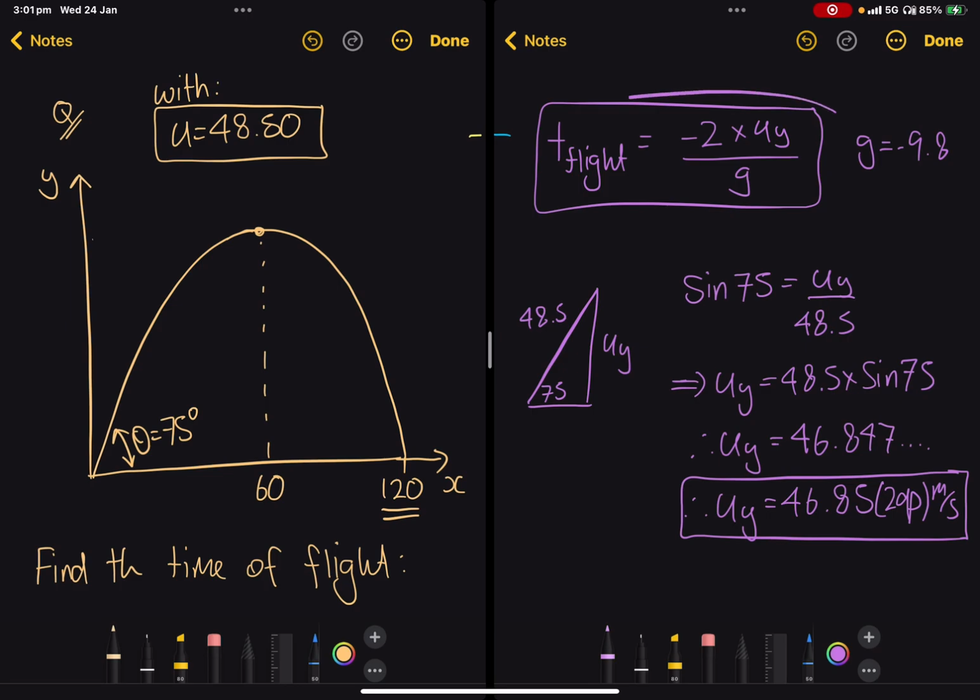This now has to be plugged into the time of flight formula to find the time of flight. So time of flight is equal to -2 times 46.85 divided by minus 9.8.